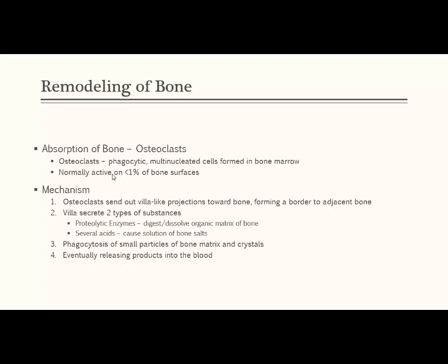One of the things that they do, the proteolytic enzymes, digest, break down the collagen and the proteoglycans that form the organic matrix of the bone, while acids cause dissolution, dissolving of the bone salts. So small particles are phagocytosed, and ultimately the products of this, the amino acids and the minerals, are released into the blood.